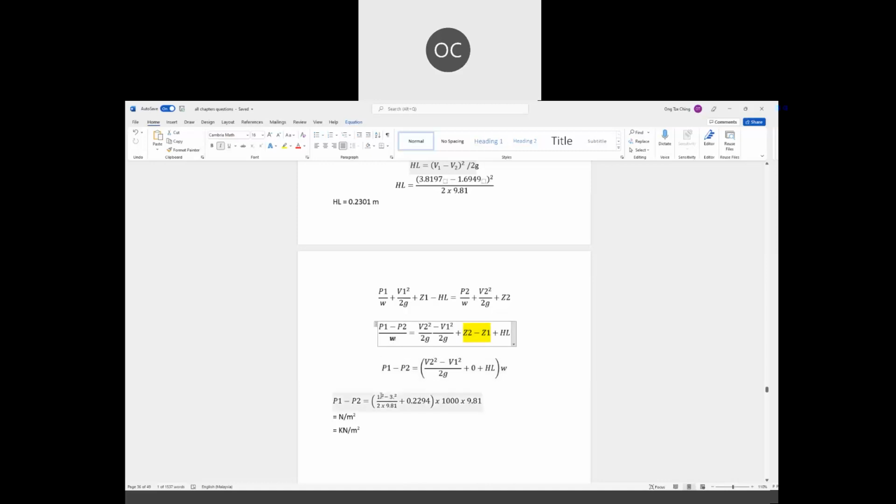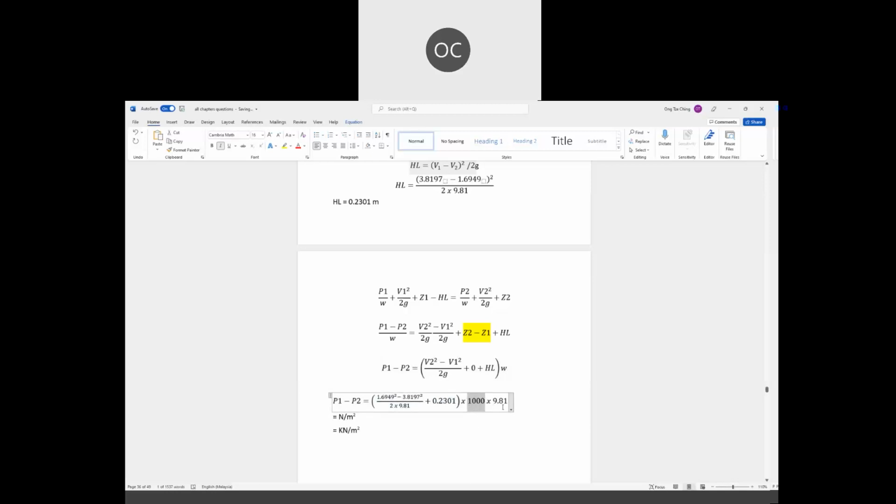I'm going to insert all the values that I have in the current situation: 1.6949 here, 3.8197. This one is the HL value, I will use yours, 0.2301. Then you have your W, the specific weight for water. Hopefully it's not 1000, because 1000 is the density of water.